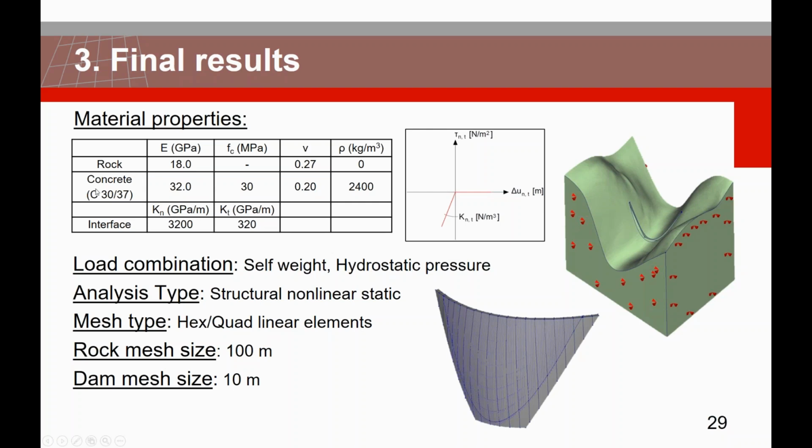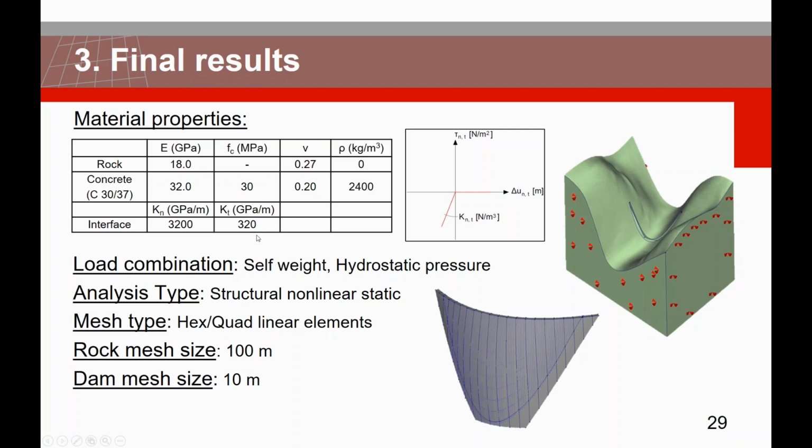For example, we use concrete with 30 megapascal of strength, while the interfaces we took through some empirical methods. And at the same time, you see here the constitutive model of the nonlinear interfaces, because we're using no-tension interfaces.